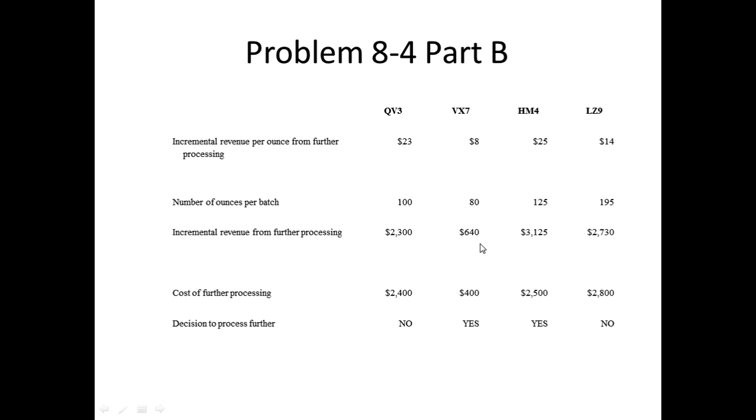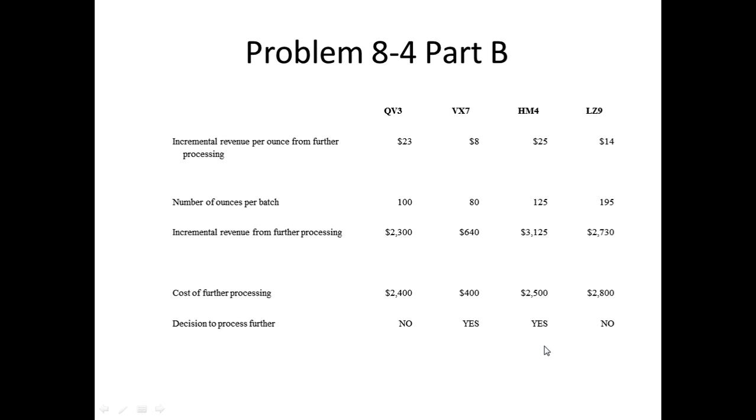The incremental revenue of 640 in VX7 exceeds the cost of further processing of 400, so we do decide to process that further, even though it makes a very small amount of income per batch. It is still a positive 240. HM4 has incremental revenue of 3125, which exceeds the cost of processing further.